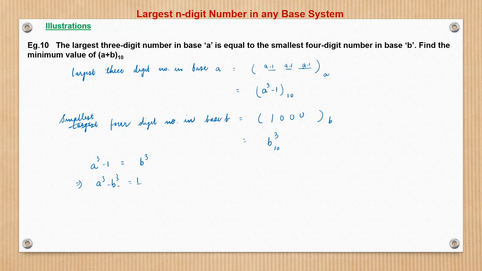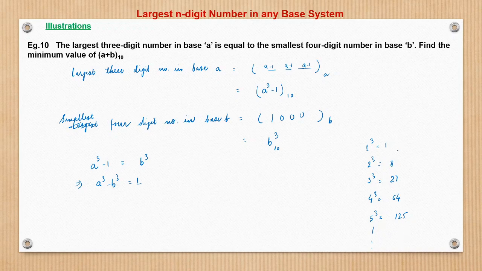So A cubed minus B cubed, but now let us see, suppose 1 cube is 1, 2 cube is 8, 3 cube is 27, 4 cube is 64, 5 cube is 125. So the difference of two cubes is never 1, and as we go higher in the integer value, the difference is going to magnify itself.